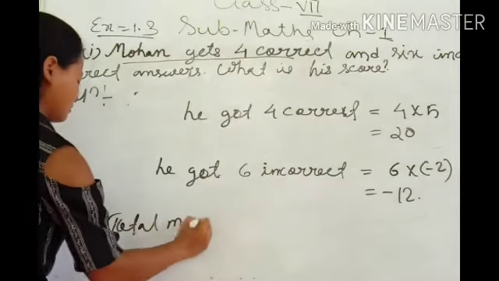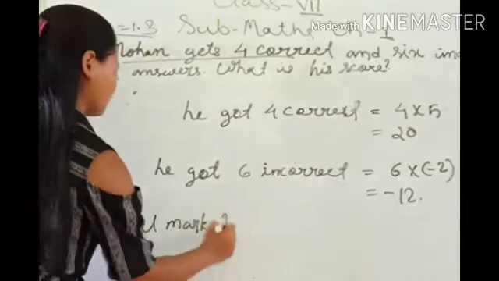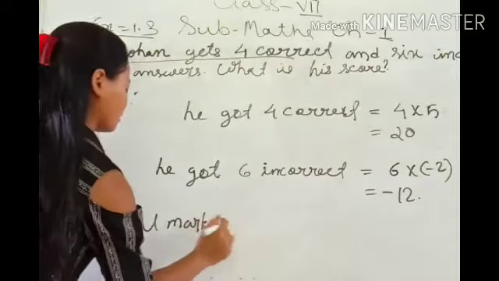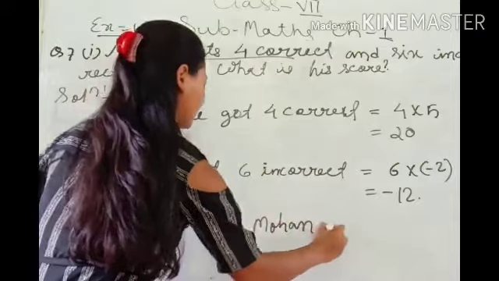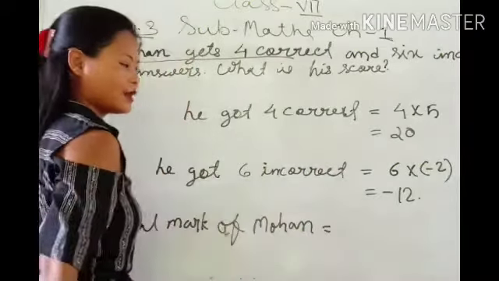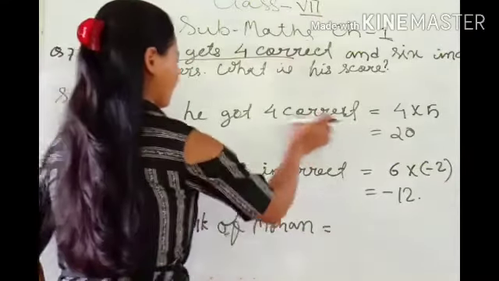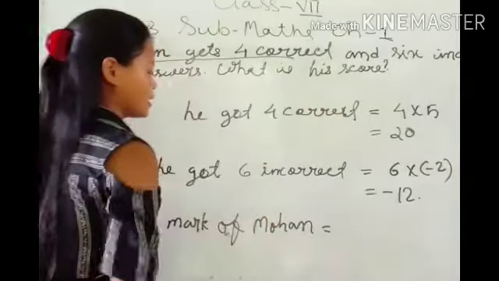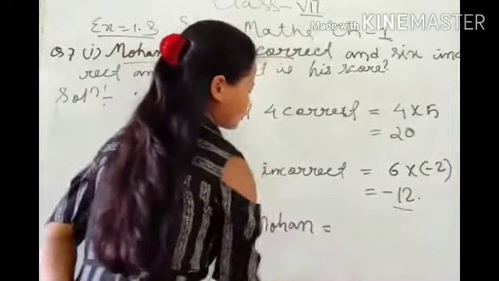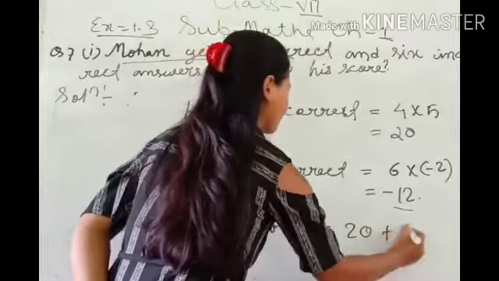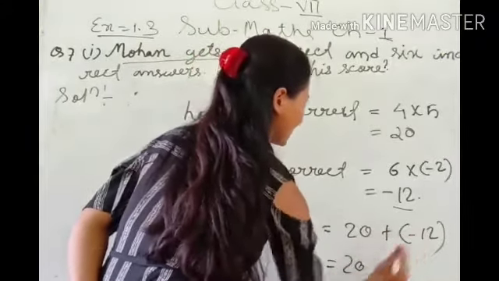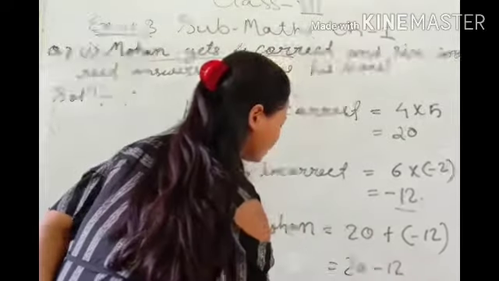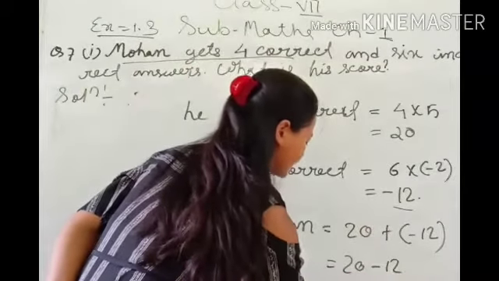Now the total marks of Mohan will be how much? You have to do the total, isn't it? So total for correct answers, 20, and for incorrect answers, -12. So you have to add this. You will do what? Plus. Now 20 plus -12. So if you do 20 minus 12, you will get 8.